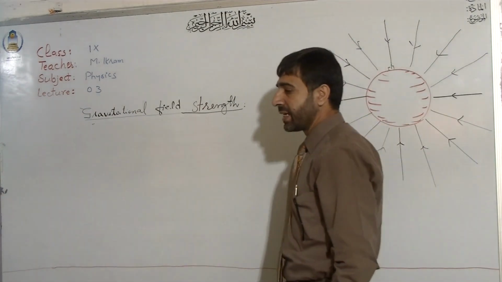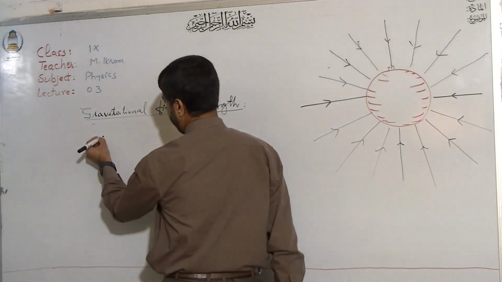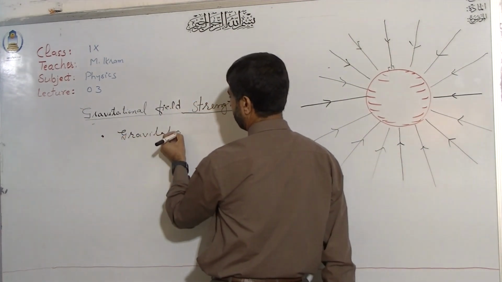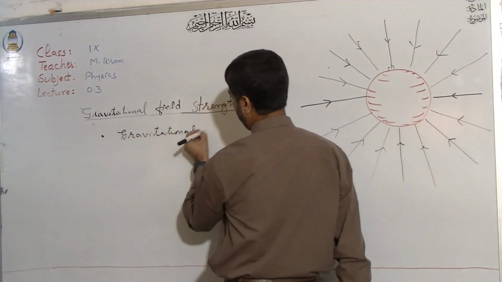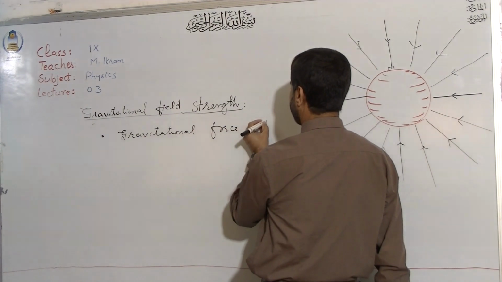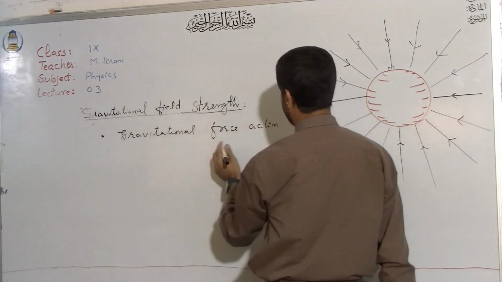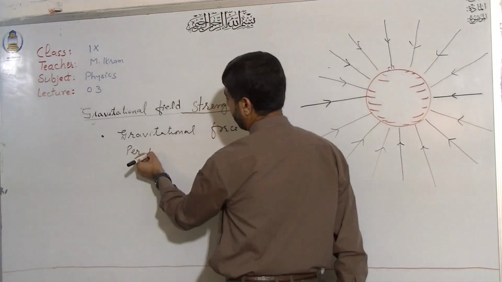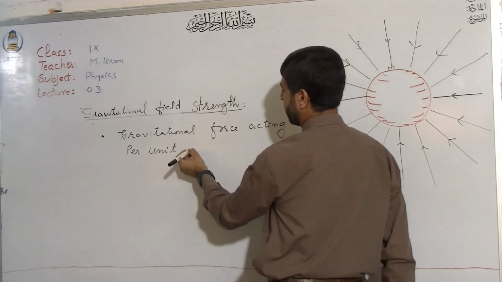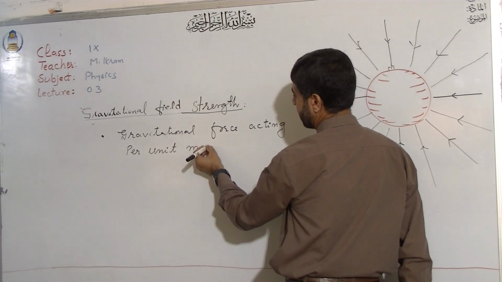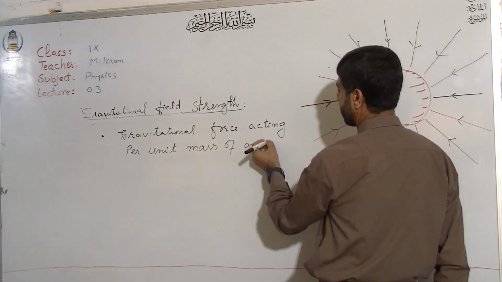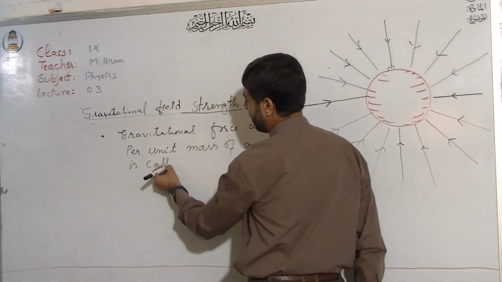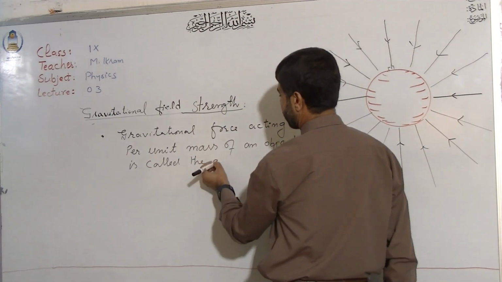Physically, it is defined as the gravitational force acting per unit mass of an object, which is called the gravitational field strength.